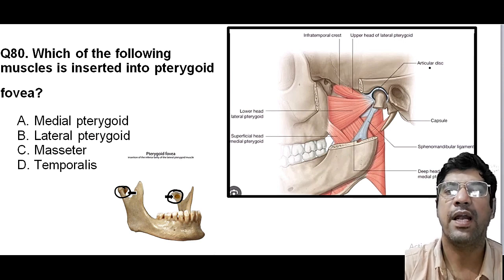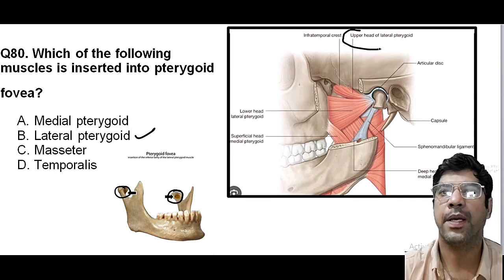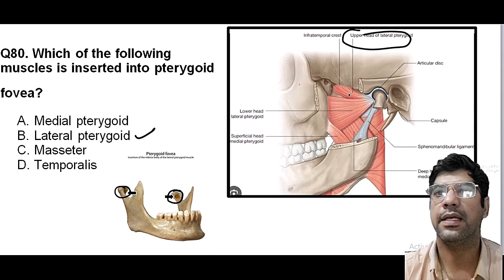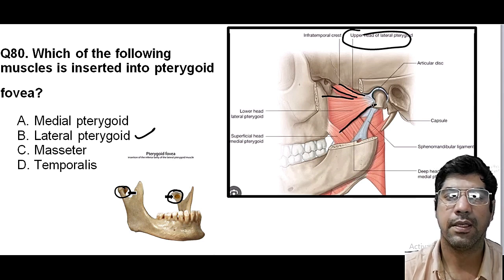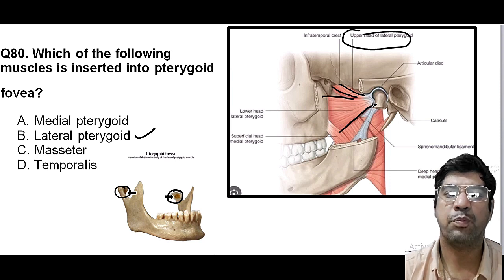Now there are two heads of this muscle, the lateral pterygoid. One is the upper head, this one is the upper head, and the other is the lower head. So this one is your lower head. So the lateral pterygoid is a superhero with two heads.